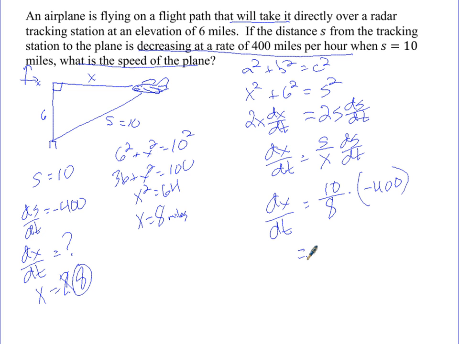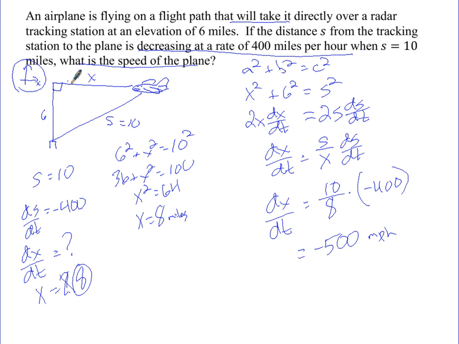Well, negative 400 divided by 8 would be negative 50. So negative 50 times 10 would be negative 500. So the plane is moving at negative 500? Yeah, it is miles per hour. But what is that negative sign telling you? It's going negative according to the coordinate system that I set up.